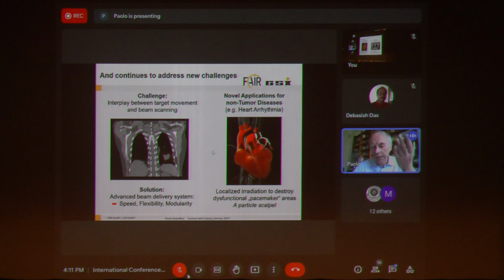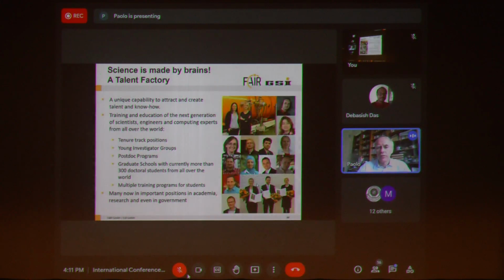And then we can say, okay, you can try to use it for ablation in curing arrhythmia for heart diseases, for example. Instead of opening the heart and intervening in the heart, I reach the cells which I want to destroy with remote particles. And we have done it with pigs, it actually works. So it's actually something which is the future.